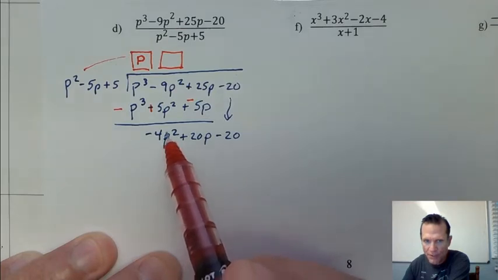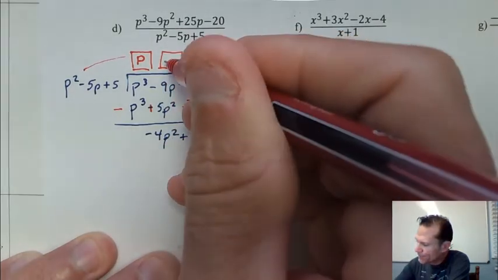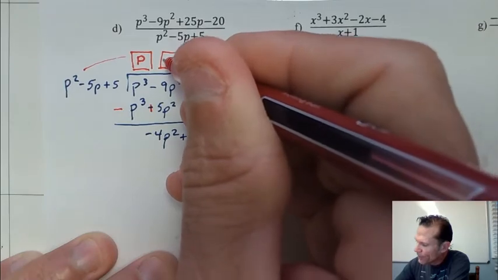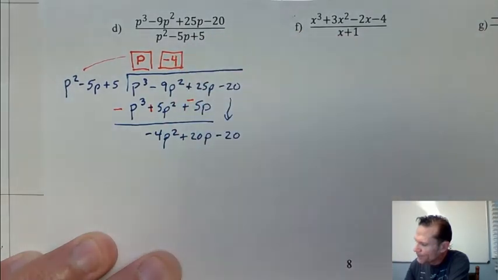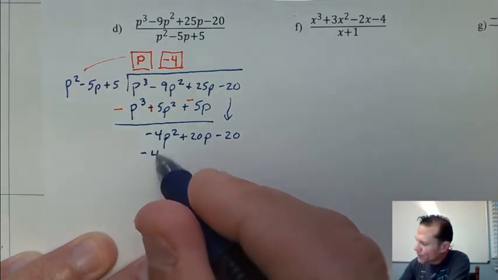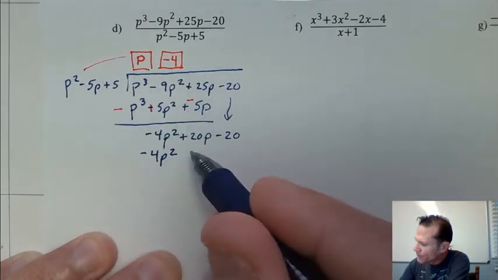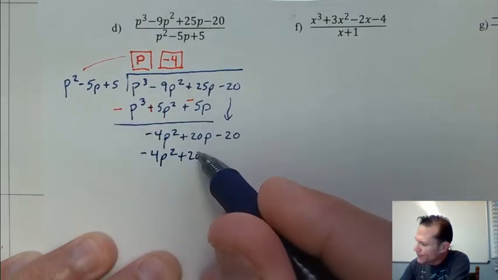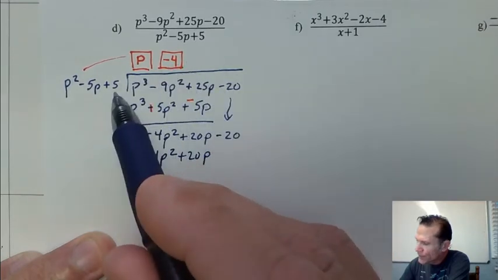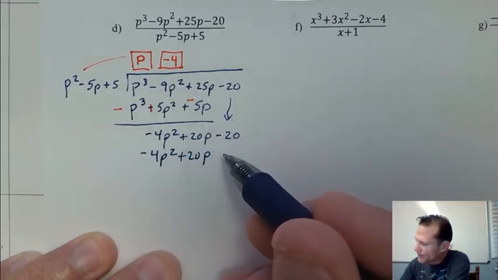Okay, so I'm going to take a negative 4. So I have negative 4 times p squared is negative 4p squared. Negative 4 times negative 5 is positive 20p. And then negative 4 times 5 is negative 20.